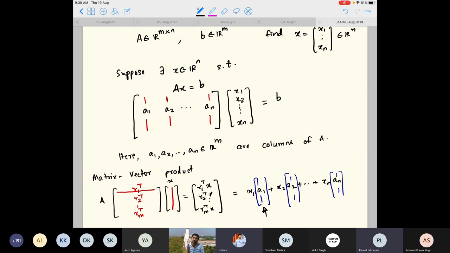Because this is very important. This way of understanding matrix vector multiplication will give you a very interesting idea about systems of linear equations.